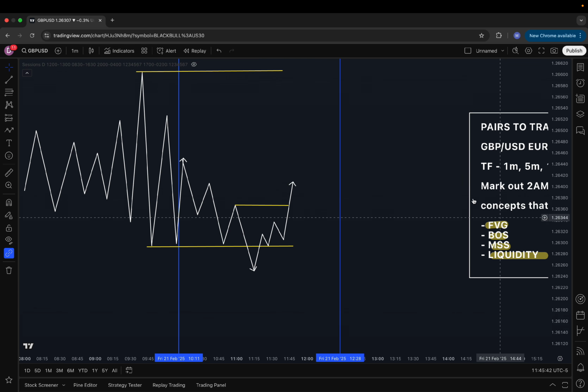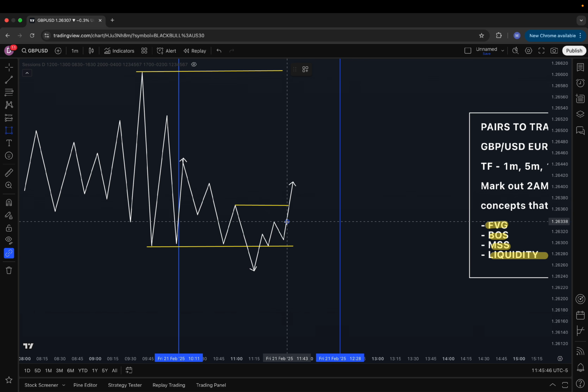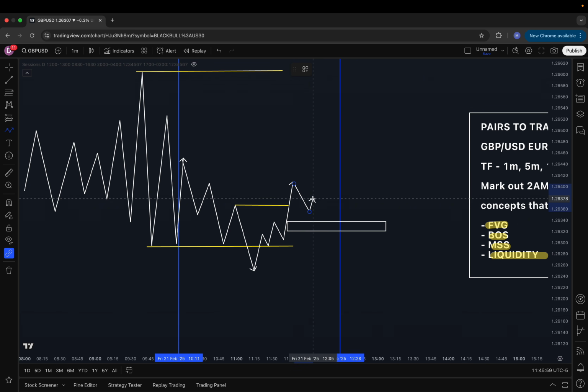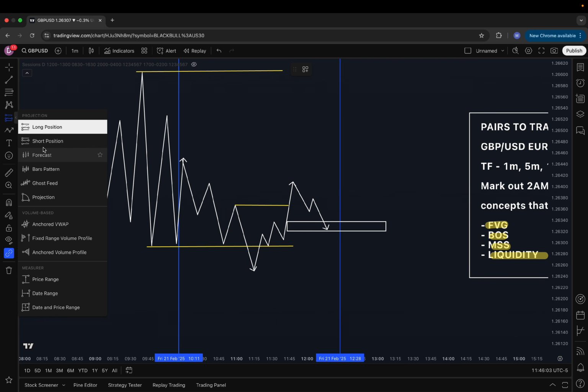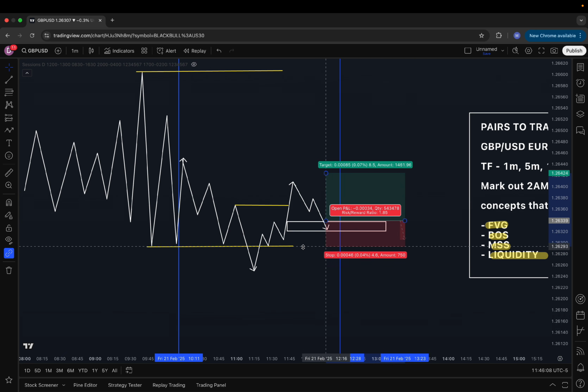So I'm going to mark out this fair value gap, and now we're waiting for price to tap into this area. Now that price has tapped in, we simply take our long position, our stop below this low right here, and our take profit at opposing liquidity.